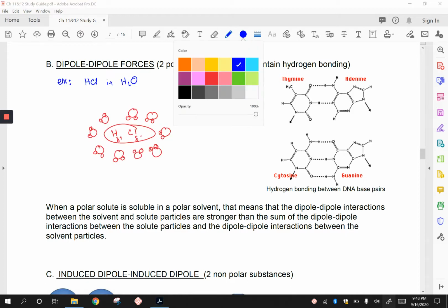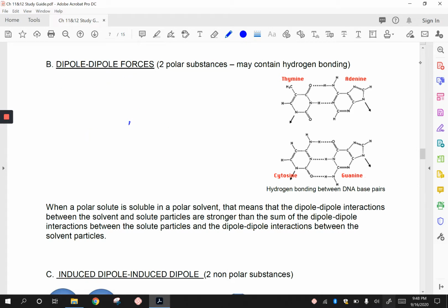And here are my attractions. So the partial positive hydrogens are attracting that partial negative chlorine. And my oxygen part of the water, which is partially negative, is attracting the partial positive end of the HCl. So those blue things, those are the dipole-dipole forces, or dipole-dipole interactions.